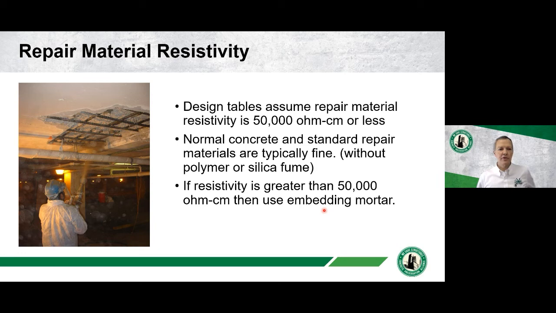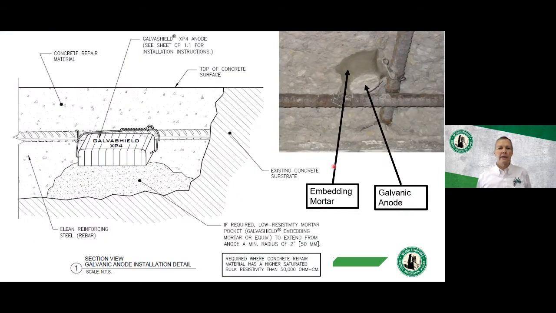The picture on the left shows a silica fume shotcrete being applied in a parking garage repair with anodes. And in that case, you can see here that they have taken embedding mortar to form a conductive bridge between the anode and the parent concrete, so the anode doesn't become effectively isolated within a high resistance repair material.